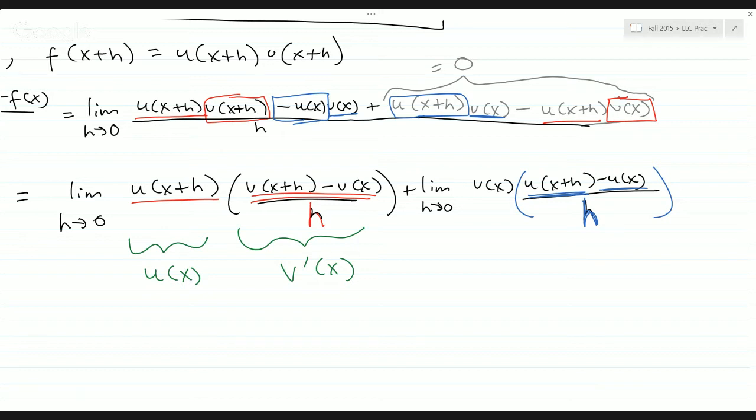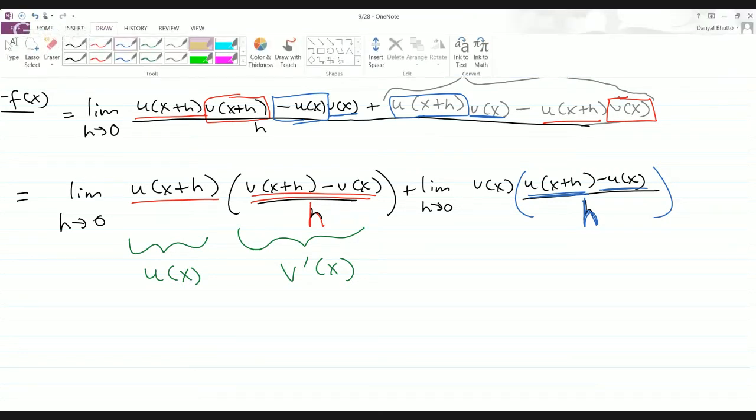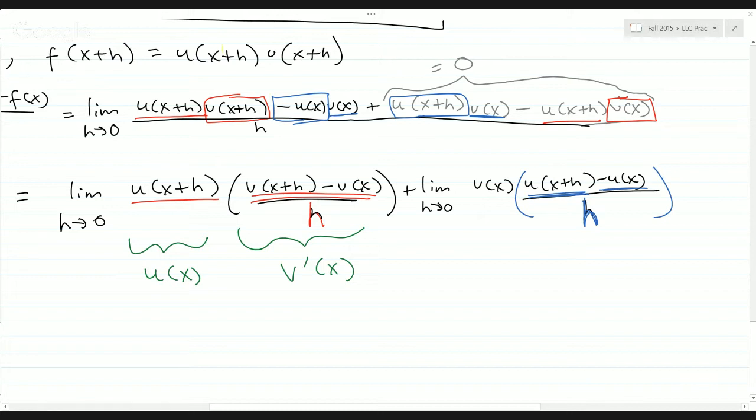No? Okay, let me go over that again. So the whole idea is to isolate something that looks like the definition of a derivative, okay? We have a u of x here and a u of x here. We took that out right there and put it there. Both of them are multiplied to a v of x and a minus v of x, which we have there, okay?